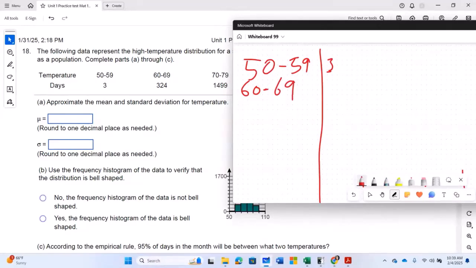The frequency is 324. The next class is 70 to 79, and the frequency is 1499.